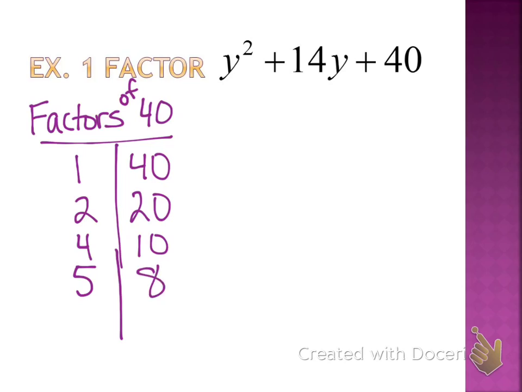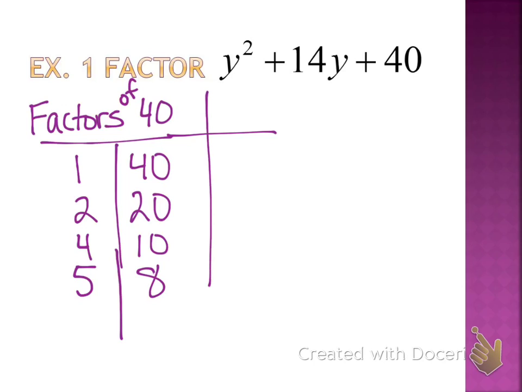Okay. We check 6. Should it go up there? No. 7? No. 8? 8, yes, but it's already on there, so we don't have to write it again. We can stop looking.